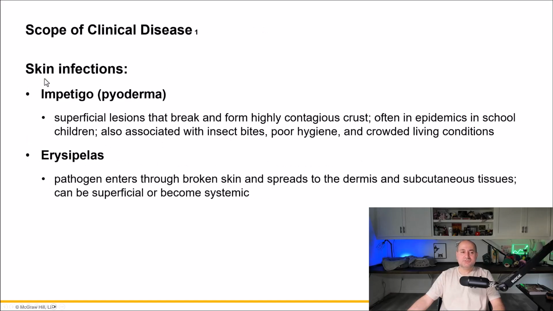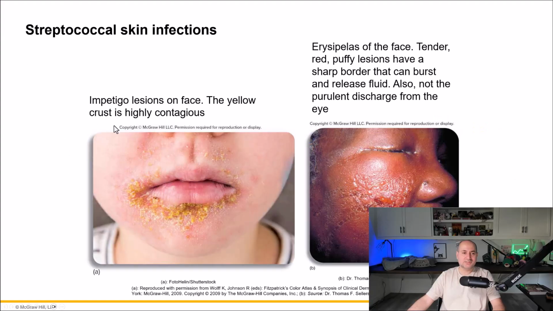And these can lead to skin infections, right? Some of the more mild infections include impetigo, which is, again, a superficial lesion that breaks and forms a highly contagious crust, often in epidemics in school children. You can see here, this is impetigo. It forms a yellow crust that is highly contagious.